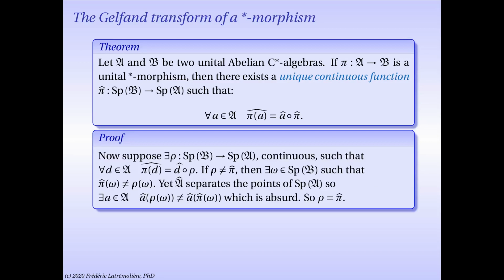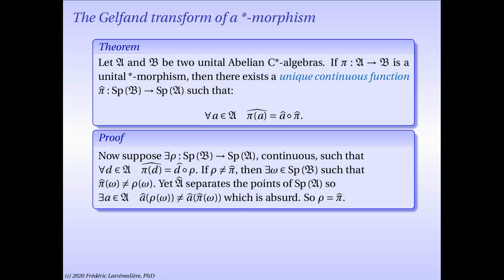So let's turn to the uniqueness property of our pi hat. So we constructed, for a fixed unital star morphism pi, a pi hat map, a continuous map from the spectrum of B to the spectrum of A with the desired property, but maybe there is another continuous map from the spectrum of B to the spectrum of A with the same desired property. Let's see that, in fact, such a map would have to be pi hat. There's no choice.